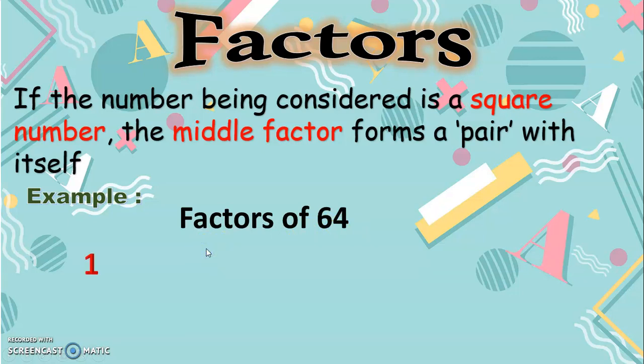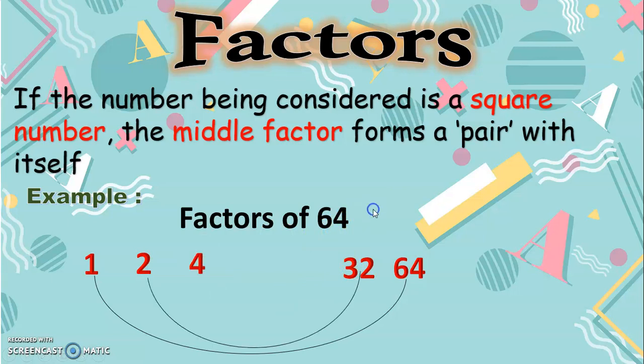So the pairs, of course, we have 1 and 64. If we multiply 1 and 64, 64 is the answer. The next pair is 2 and 32, which means 2 times 32 is equal to 64. Next one is 4 and 16. It means 4 times 16 is equal to 64.